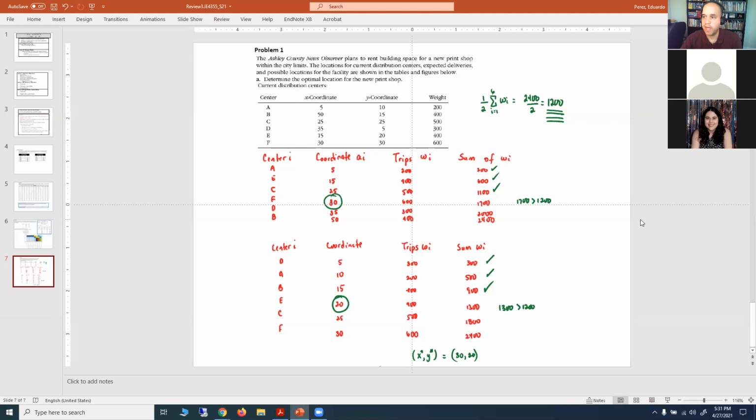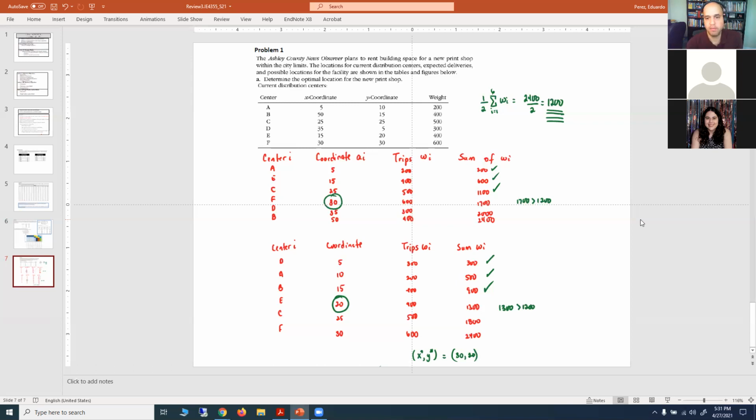So you can solve this by hand using the heuristic. The idea here is you have the information about the centers, the XY coordinates for the existing facilities, and also you have a weight, meaning that if this new facility has a higher weight, you want this new facility to be closer to that center.